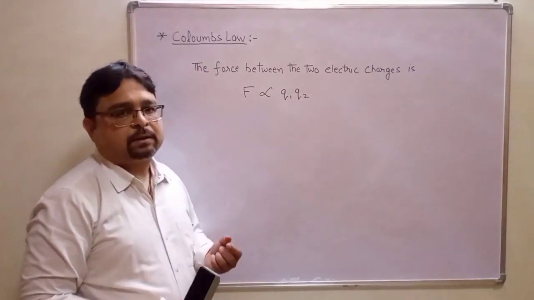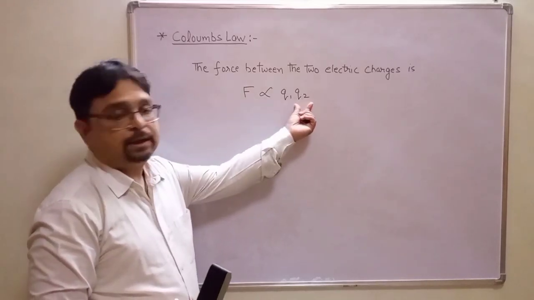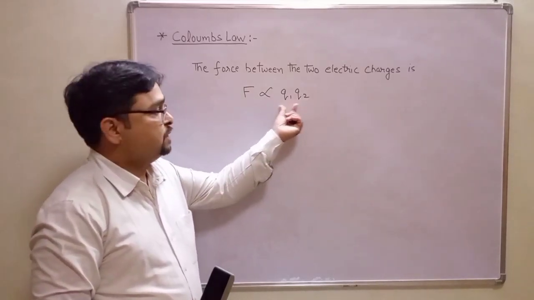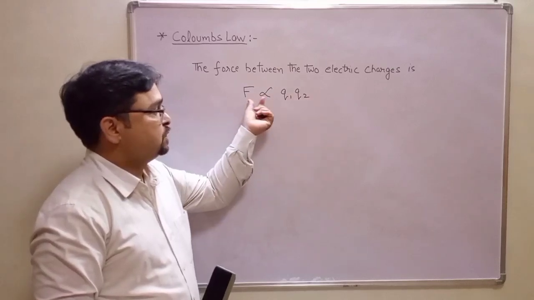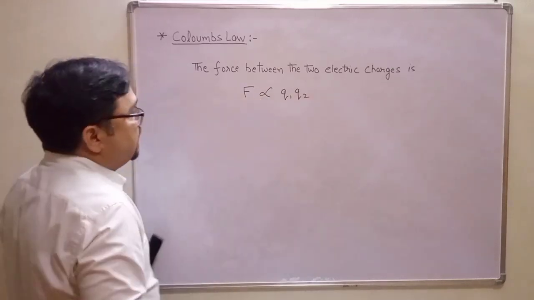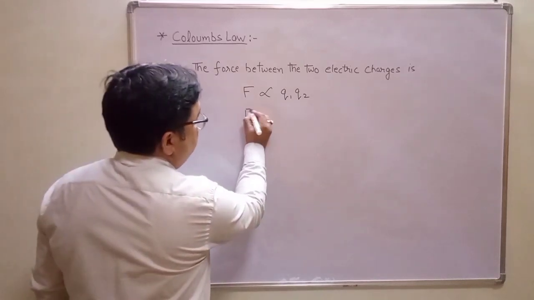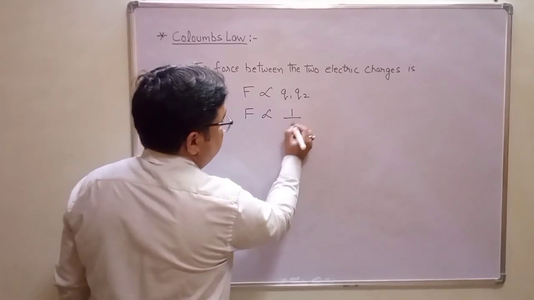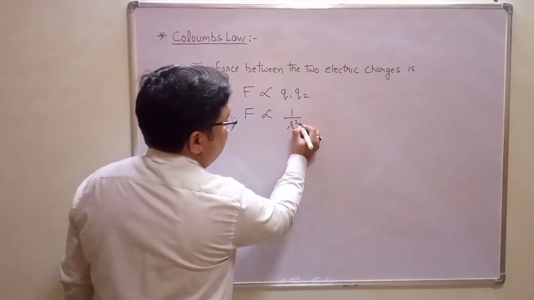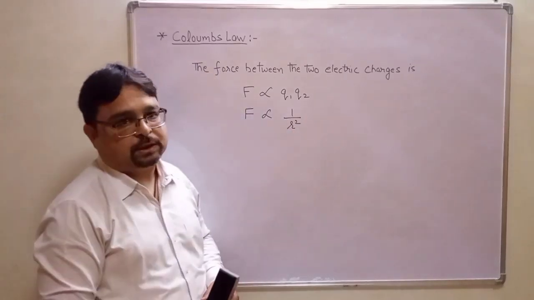So let us consider two point charges Q1 and Q2. The product of these two charges, Q1 multiplied by Q2, is directly proportional to the force, and the force is inversely proportional to the square of the distance between the two charges.